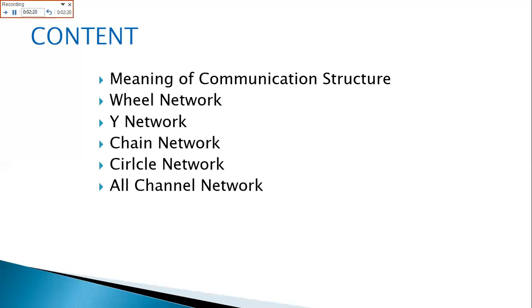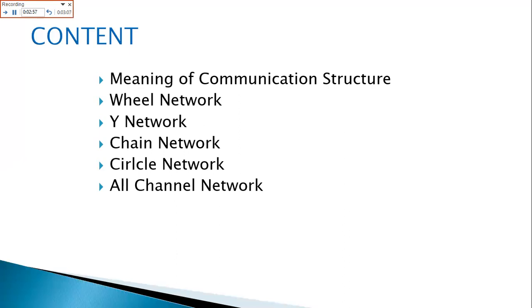It depends upon the nature of message, urgency, organization, culture, and size of the organization. Different communication networks can be used.